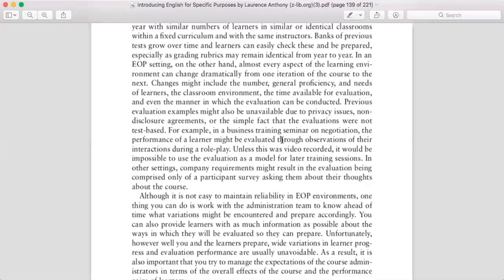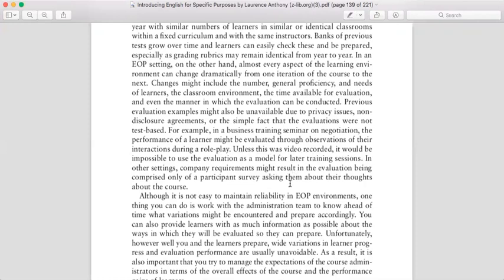Okay. Now, for example, in a business training seminar or negotiation, the performance of the learner might be evaluated through observation, interaction during a role play, right? Unless this was video recorded, it would be impossible to use the evaluation as a model later in the training sessions.